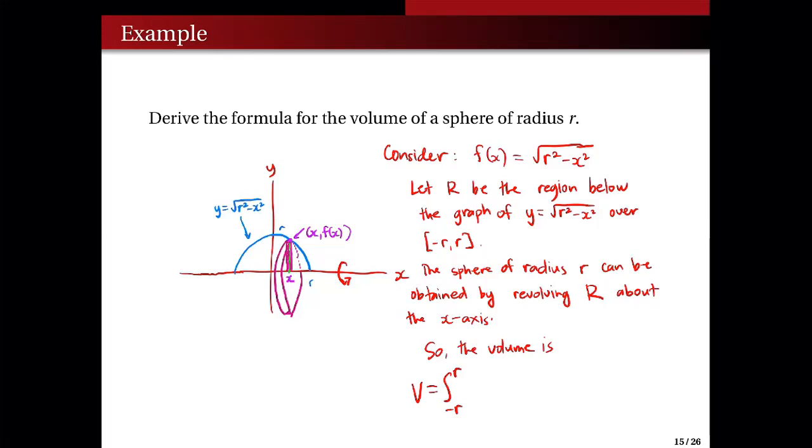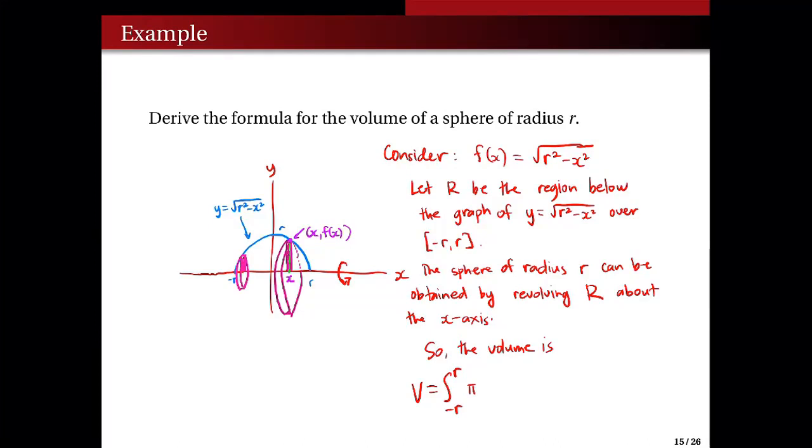So this is negative r here. This is still a disk. So you will move the disk from negative r to positive r. And therefore, the volume will just be the integral from negative r to r of pi f of x squared.